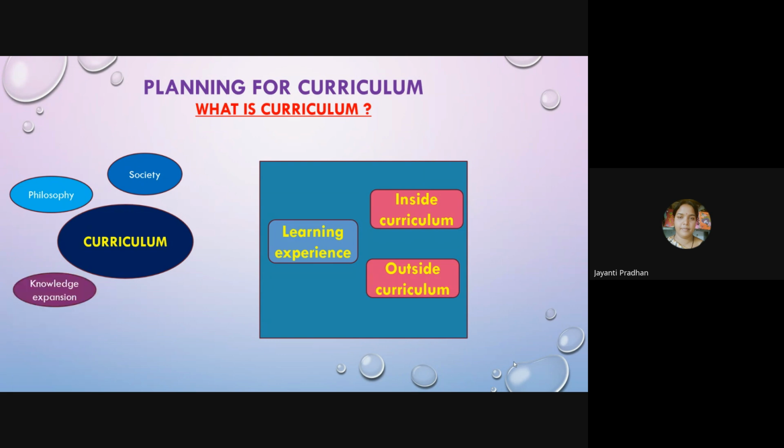Then knowledge expansion. In this 21st century, we are giving emphasis to ICT or educational technology. Why so? Because this 21st century is the digital era, the era of digital learning.